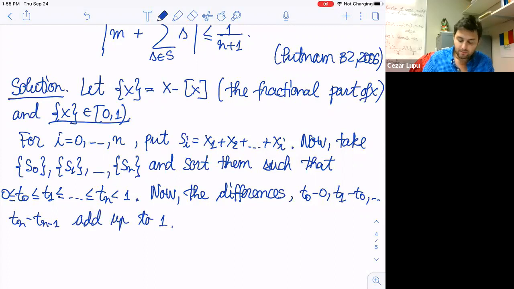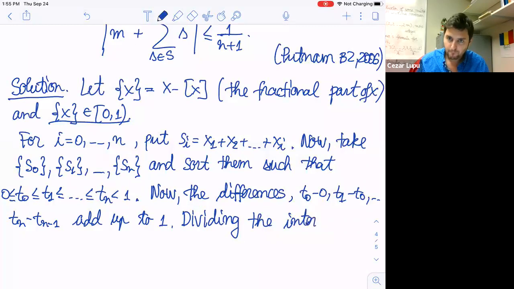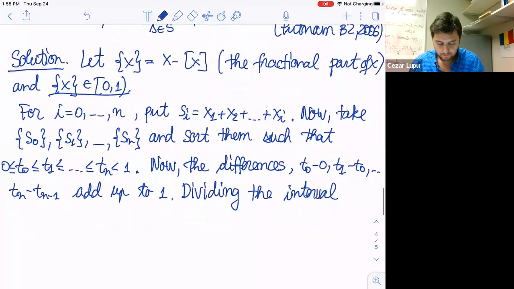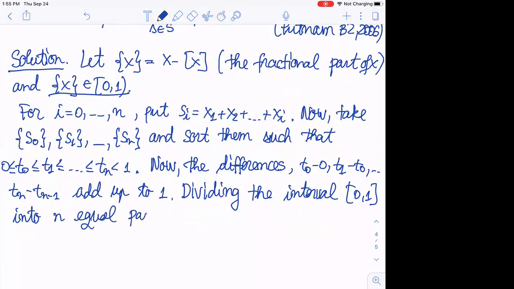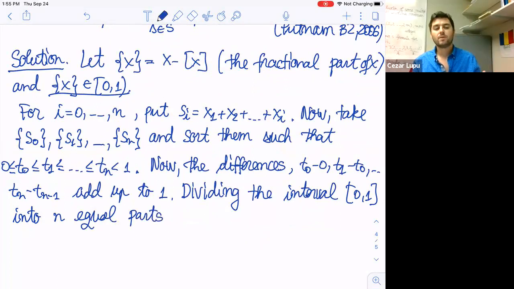Okay, well, guess what? They add up to 1, so I divide my interval into n equal parts. So now, applying the problem that I just said at the beginning, dividing the interval [0, 1) into n plus 1 subintervals of equal length, that's what I mean.